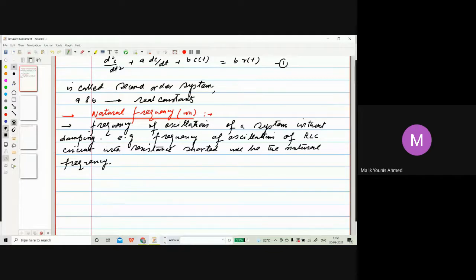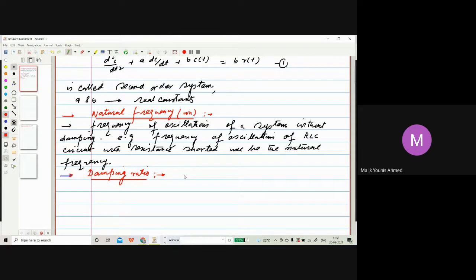Next, the second definition is the damping ratio.